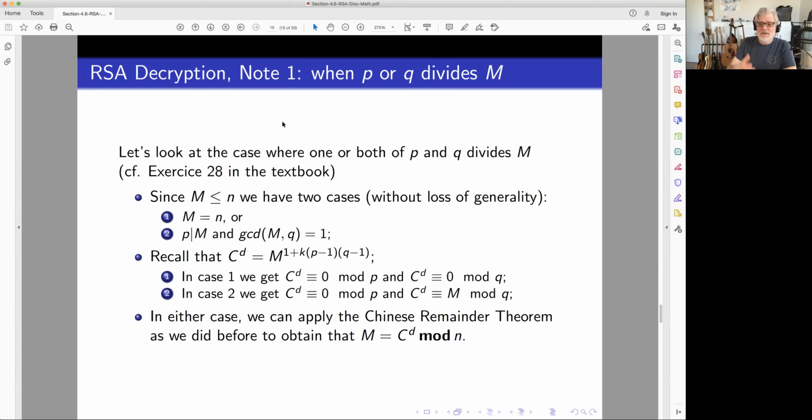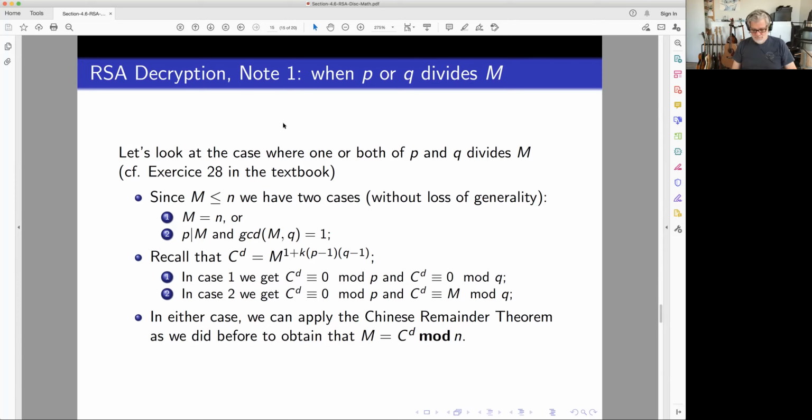But it still works. It's an exercise in the textbook, and it's an easy exercise. So let's not go into detail. Just keep in mind that when you raise the encrypted number to the power D, you will always get back what you want. It's just that the argument to prove this is a little different in this case.